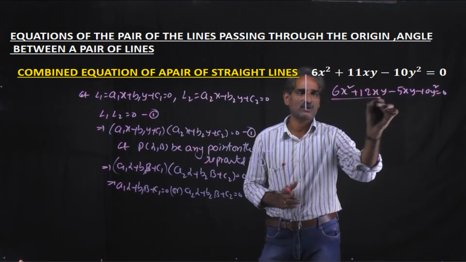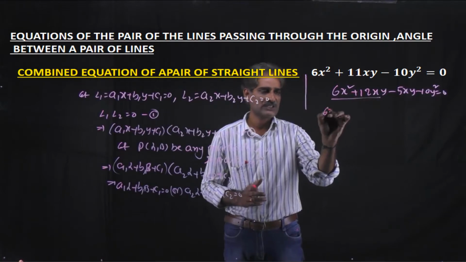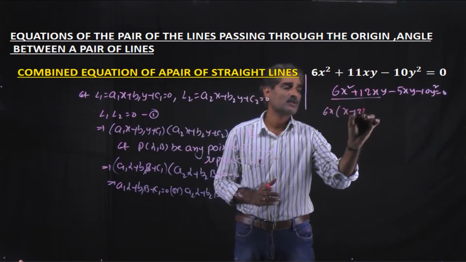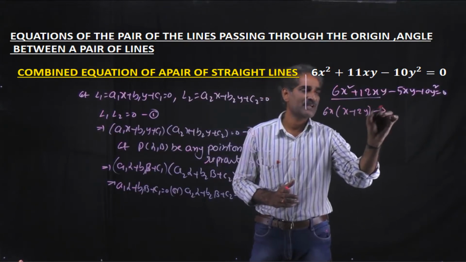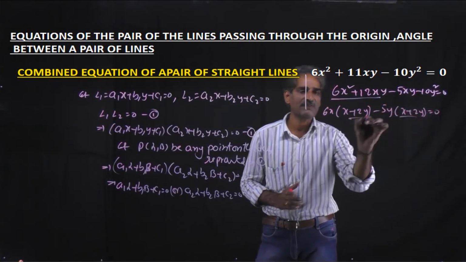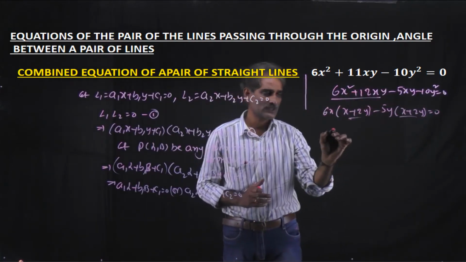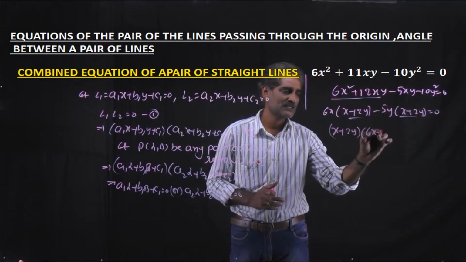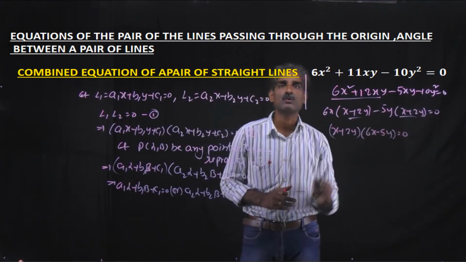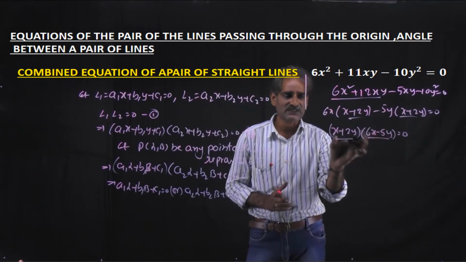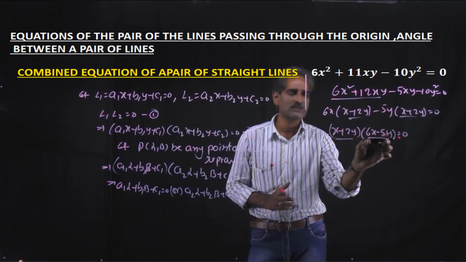Now from this we can write 6x into (x plus 2y) minus 5y into (x plus 2y). These are the factors for the given equation. Therefore, (x plus 2y) into (6x minus 5y) is equal to 0. This is the equation for one line and this is the equation for the other line.